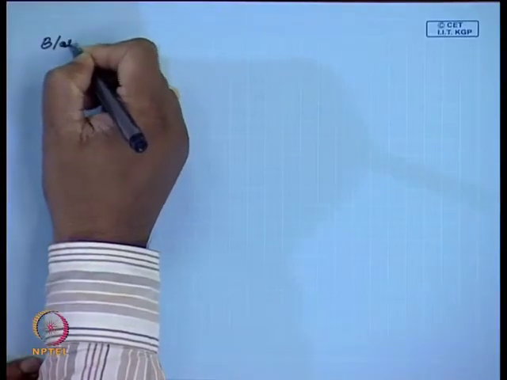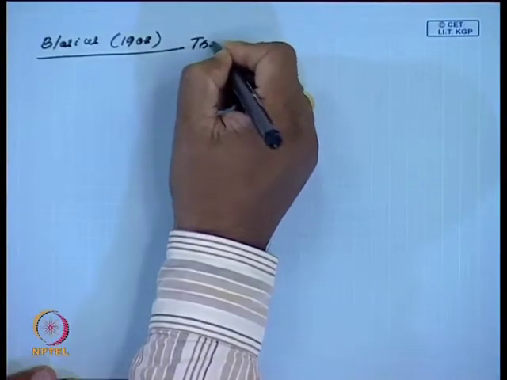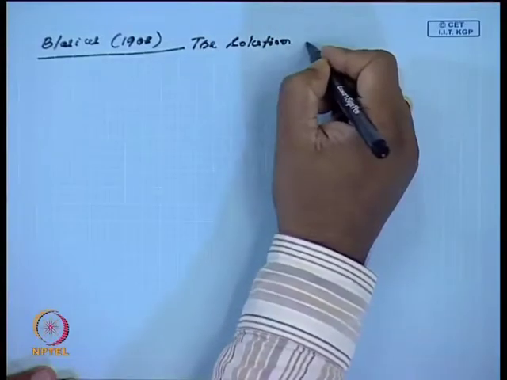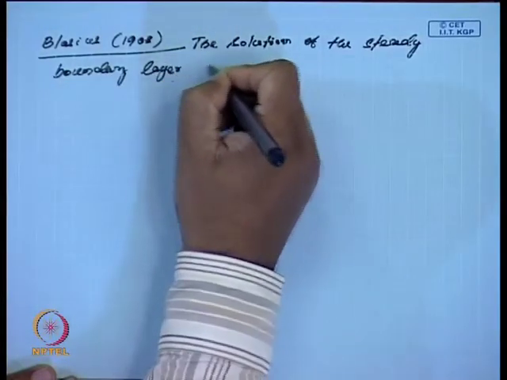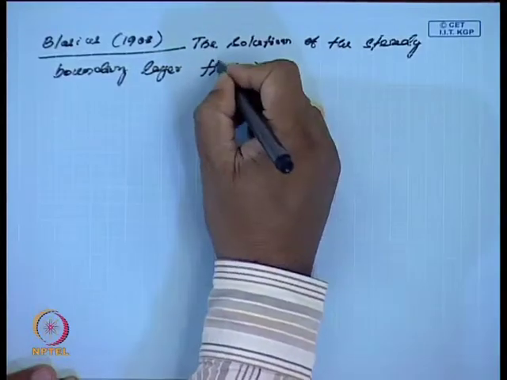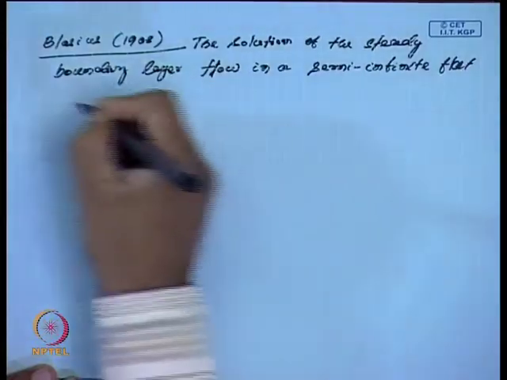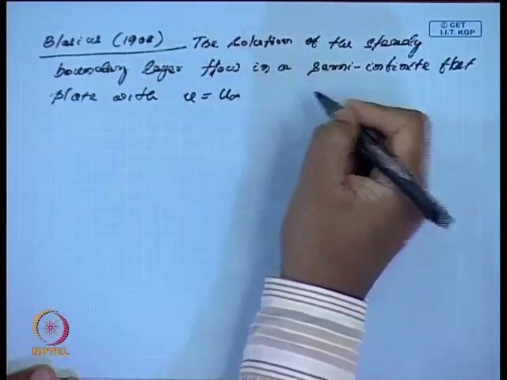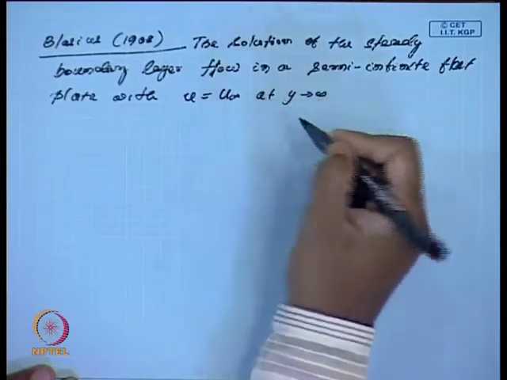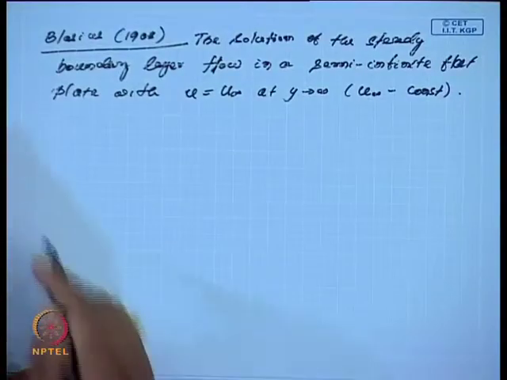What did Blasius do? In 1908, basically, he provided the solution of the steady boundary layer equation in a semi infinite flat plate, with u equal to u infinity at y tends to infinity, and this u infinity is constant. This solution was called the Blasius solution.